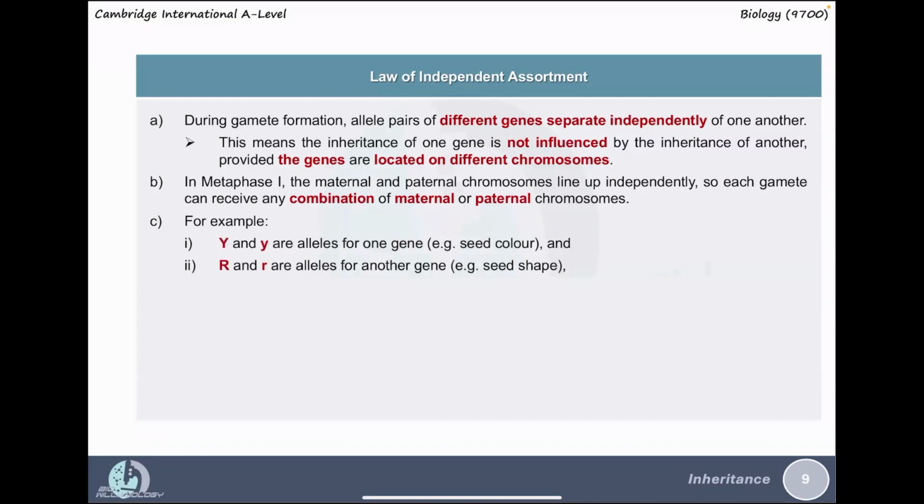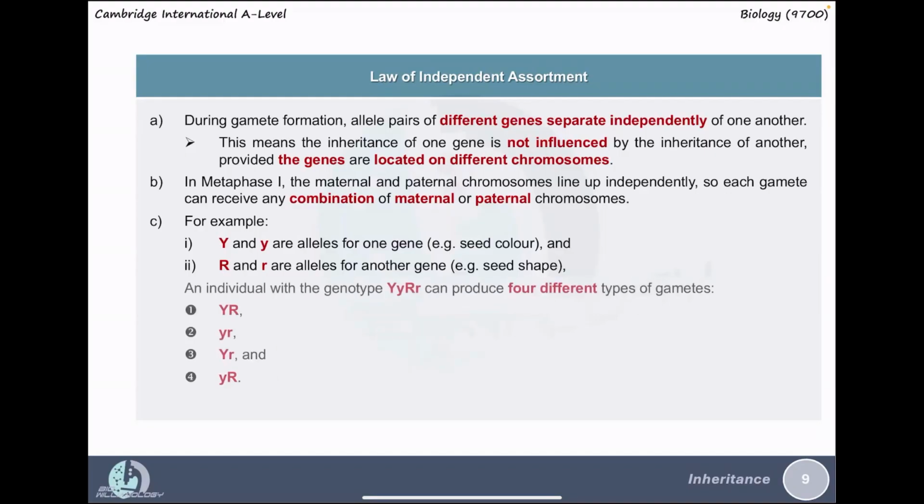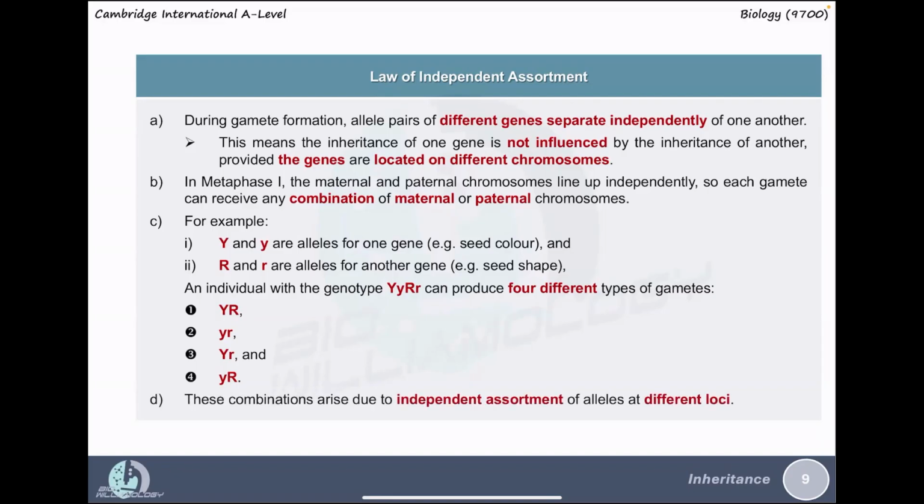For example, if capital Y and lowercase y are alleles for one gene, and capital R and lowercase r are alleles for another gene, and these two genes are located on two different chromosomes, then an individual with the heterozygous genotype Y y R r can produce 4 different types of gametes: dominant Y with dominant R, recessive y with recessive r, dominant Y with recessive r, and recessive y with dominant R. This combination arises due to the independent assortment of alleles at different gene loci.